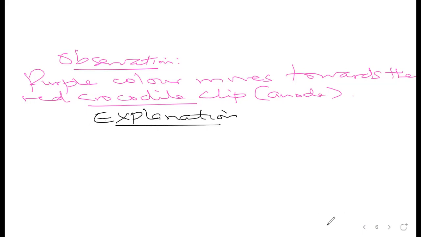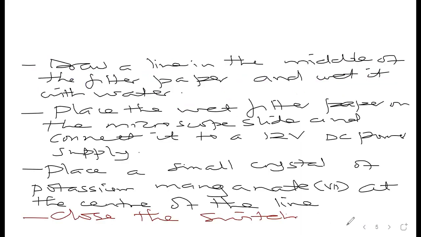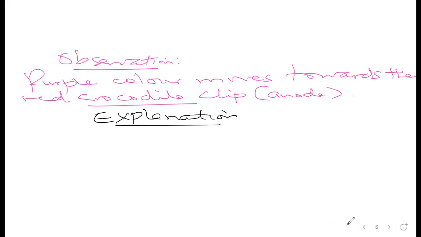We put water on the filter paper to wet it because we wanted our electrolyte to dissolve. Okay. So when potassium manganate 7 dissolved in the water on the filter paper, it formed potassium ions and manganate 7 ions. So that's what we should note first.